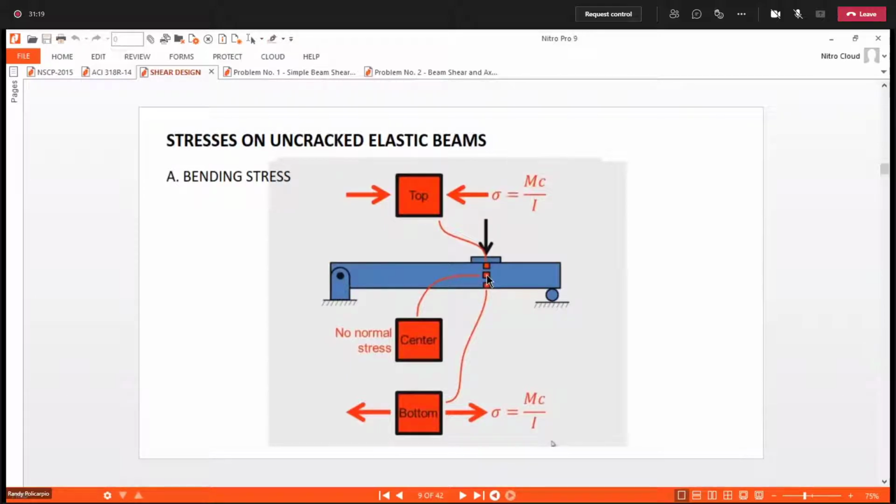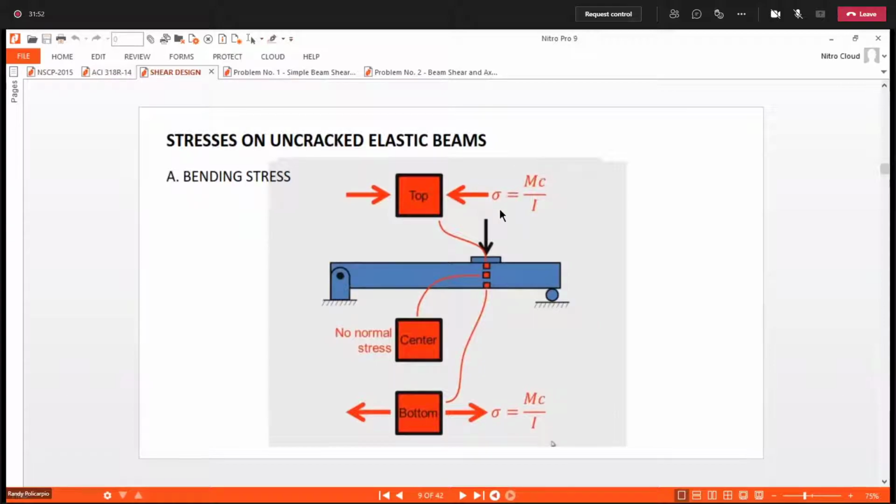While if we consider the neutral axis, representing this center element, the neutral axis has no stress. So if we look at the element at the top of this beam, since it is under compression, this is now the direction of our forces on the element.